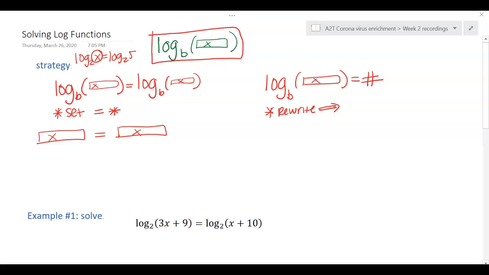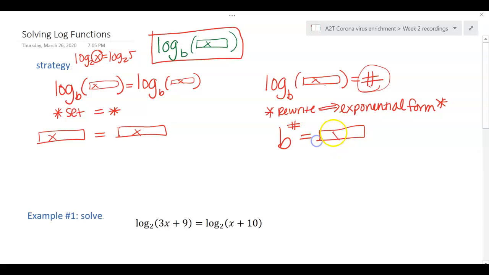With all these parts, a base and an exponent and a value of a power, it makes sense that you would rewrite it in exponential form, especially since that is the inverse of the logarithmic form. So that's what we would do. In this case, we'd have our base of b. Remember, this answer to the logarithm problem is the exponent. And then you have the value of your power, and you can solve for x from there.